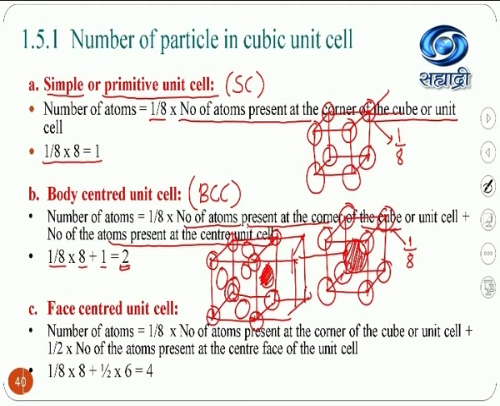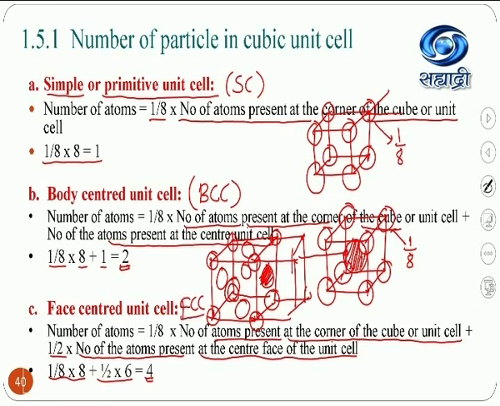So the formula becomes 1/8 into the number of atoms present at the corners of the cube or unit cell, like the simple cubic system, plus 1/2 into the number of atoms present at the centers of faces of the unit cell. If we substitute the values, 1/8 into 8 plus 1/2 into 6 equals 4. 4 is the atomicity of the face centered cubic system. These are also called FCC, face centered cubic system.